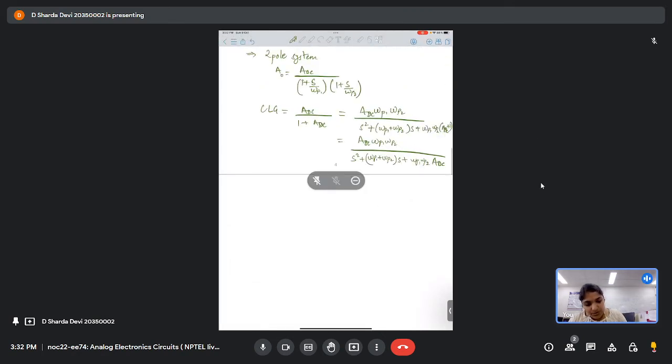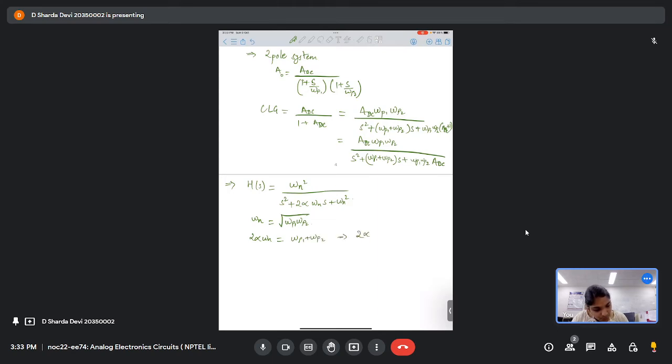When we have a two-pole system, we know its general transfer function turns out to be omega n square upon s square plus 2 alpha omega n s plus omega n square. So from here, omega n turns out to be root over omega P1 omega P2, and 2 alpha omega n is omega P1 plus omega P2.